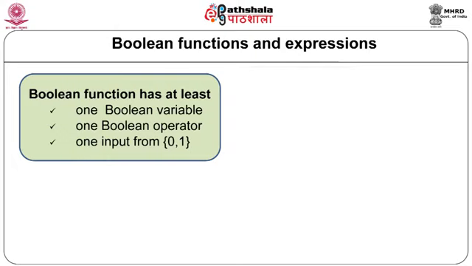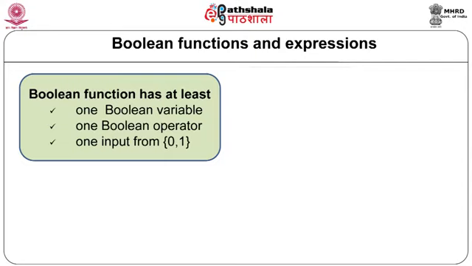A variable is usually an uppercase letter to represent a logical quantity. A variable can have a value 0 or 1. Complement is the inverse of a variable and is indicated by a bar or single quote.